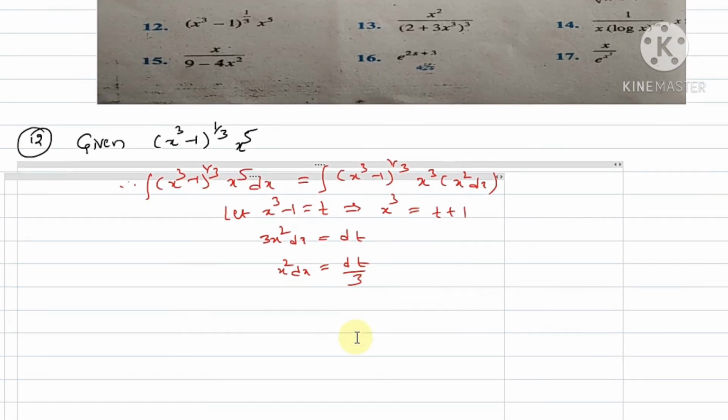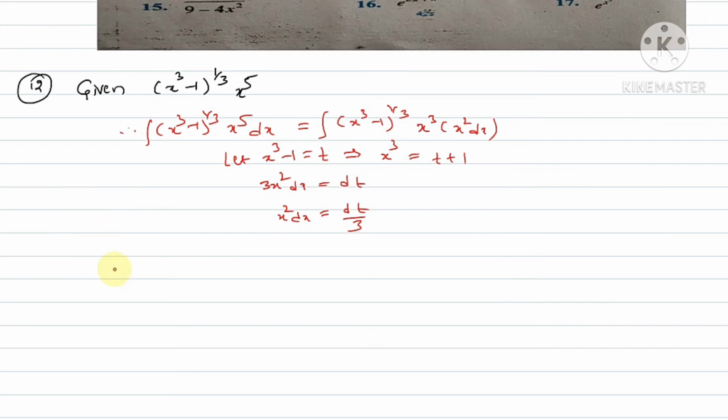Now substitute all this. The integral of (x cube minus 1) all power 1 by 3 times x power 5 dx, I split it like this: (x cube minus 1) I can substitute as t power 1 by 3, x cube I can substitute as t plus 1, and x square dx I can substitute as dt by 3. So this 1 by 3 comes to this side.